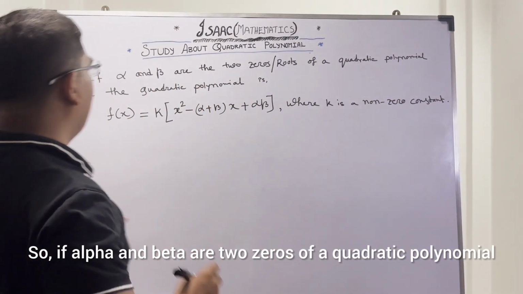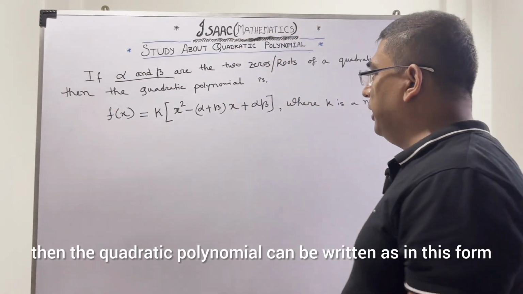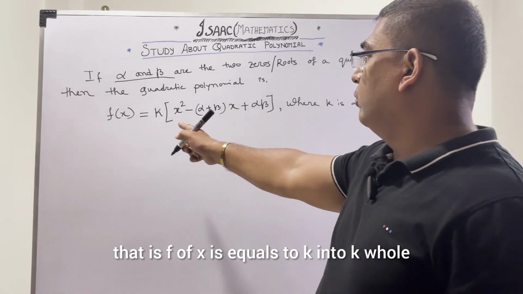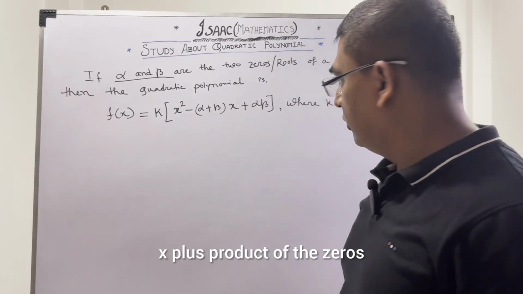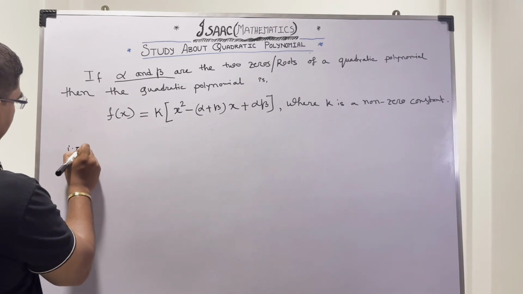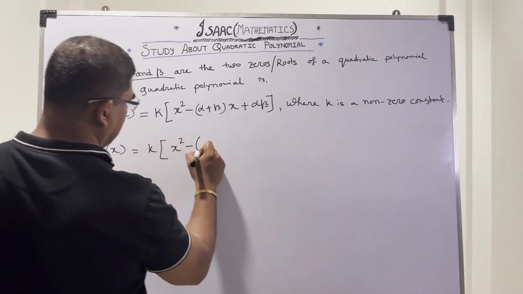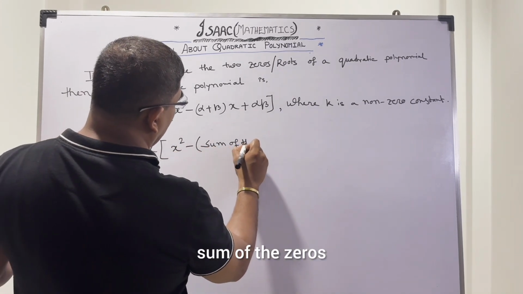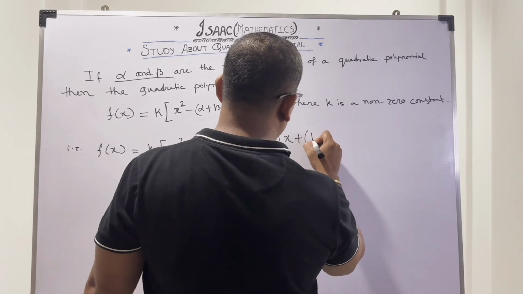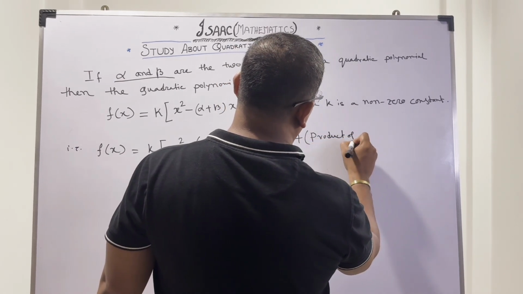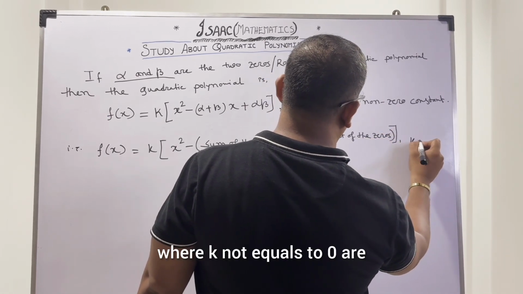So if alpha and beta are two zeros of a quadratic polynomial, then the quadratic polynomial can be written in this form, that is f of x equals k times (x square minus sum of the zeros into x plus product of the zeros), where k is not equal to 0.